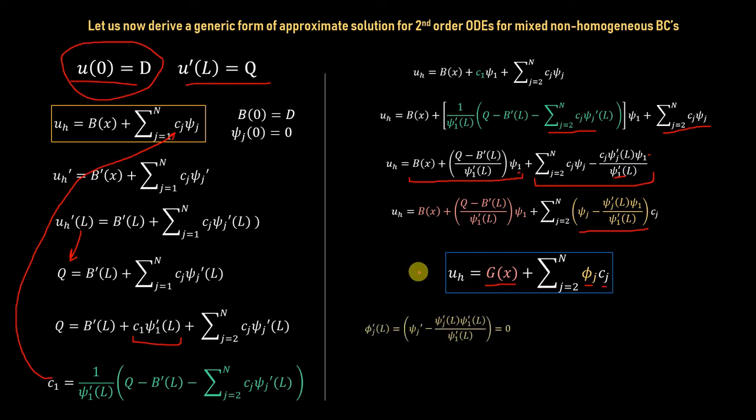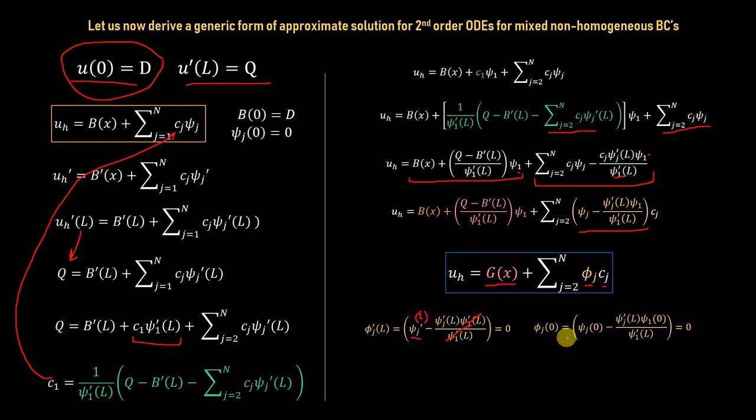Let's calculate the first derivative of psi j, which is something like this. Because the only function of x is this psi1 here, we evaluate it at x equals L, and this gets cancelled out. This is also evaluated at L, so this is also 0. When we evaluate this expression at L, everything is 0 now, so this is good.